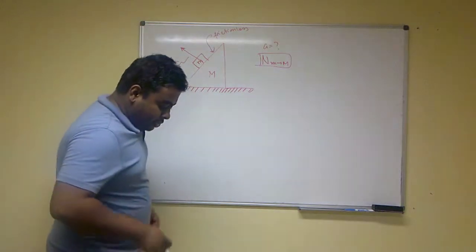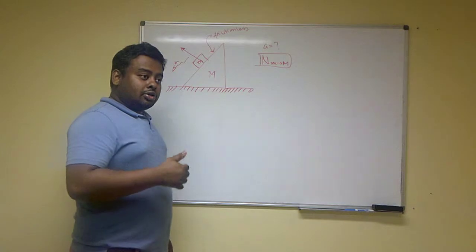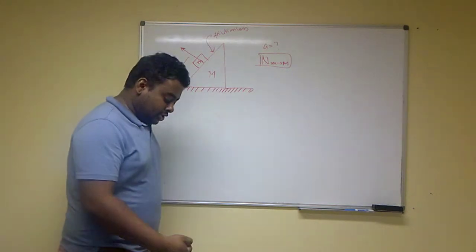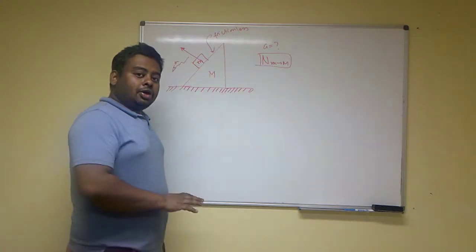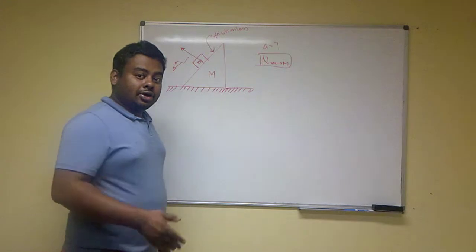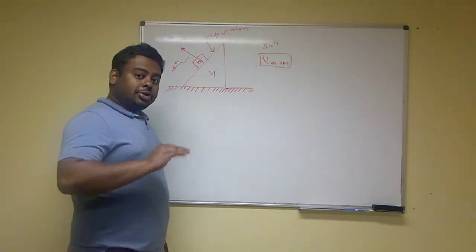So if I am standing on this floor, the normal force, for my consideration, is going to act towards me in the normal direction of the contact surface between me and the ground. So first you figure out the normal direction of the contact surface between me and the ground.